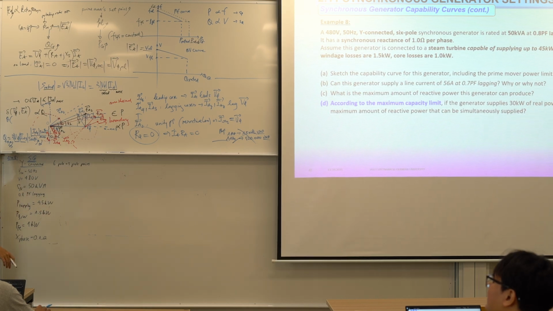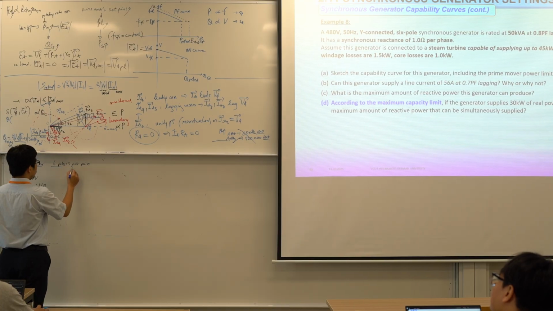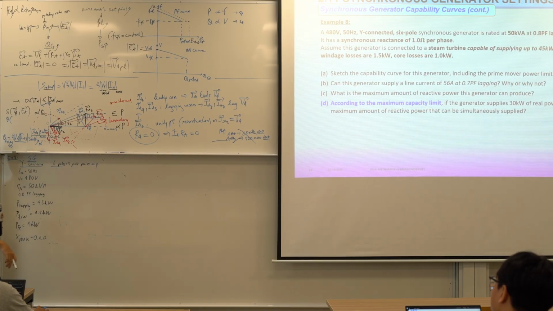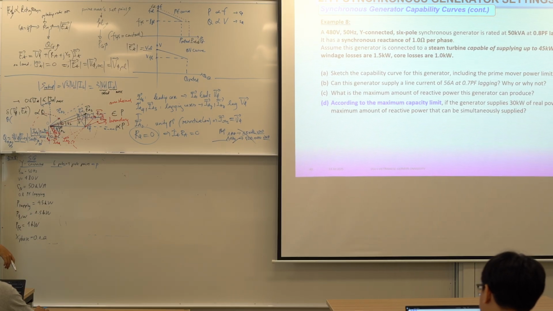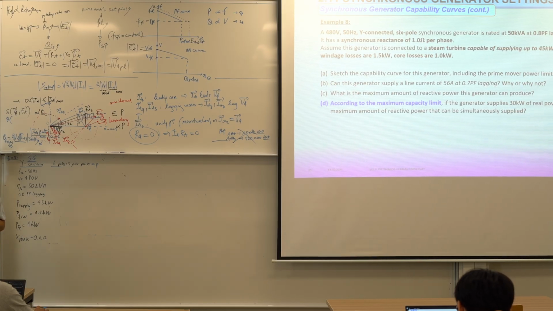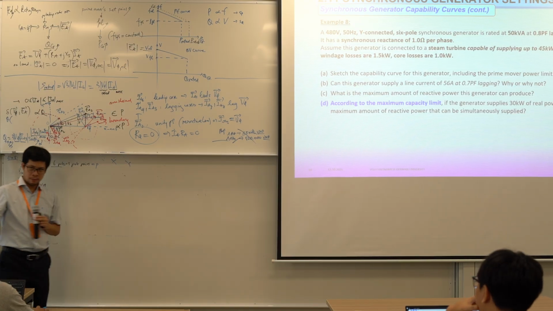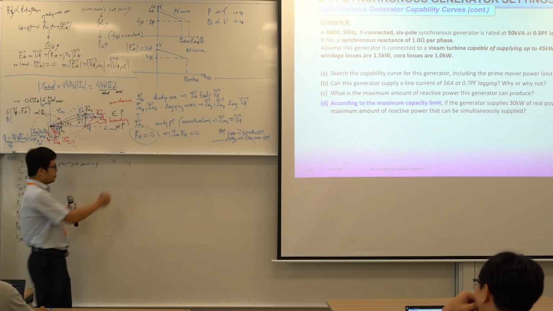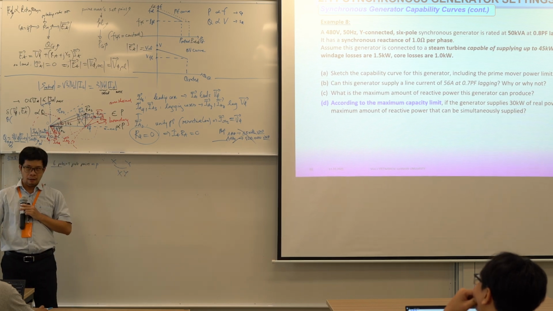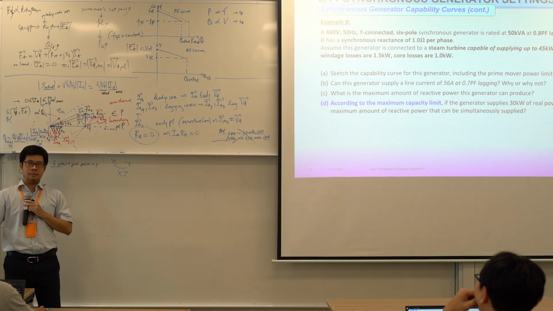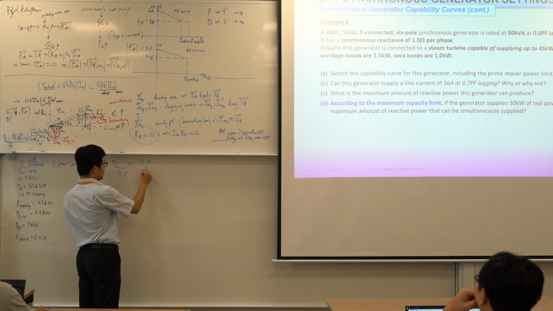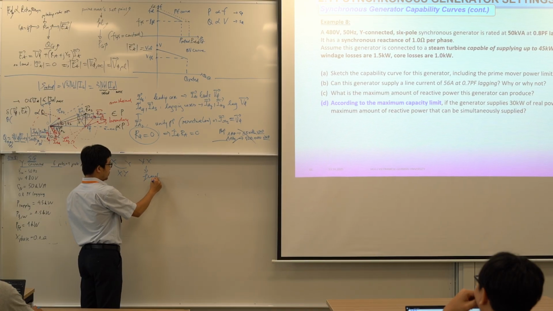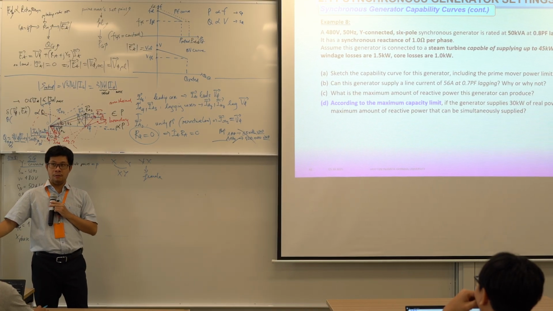Y connected, 6 poles. Why do I say original? Because we have gene X, we have gene Y. This is original X and Y. We combine together, you get male. Do you agree with me? And if X and X, you get female. This is original.